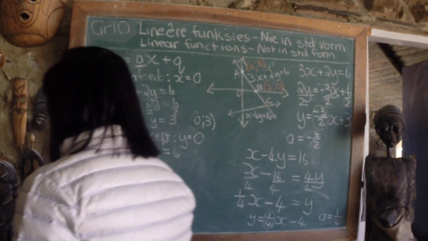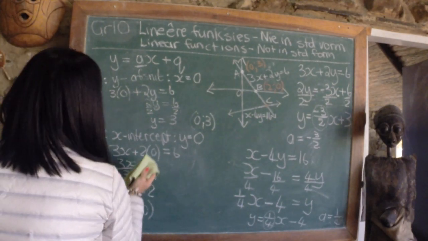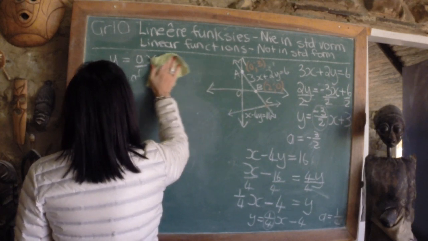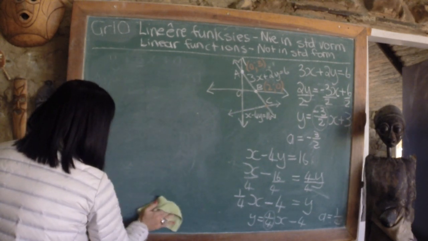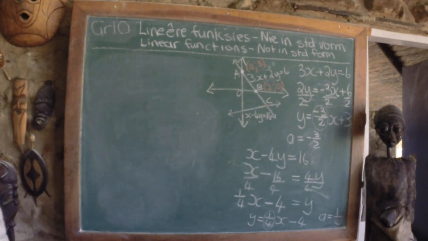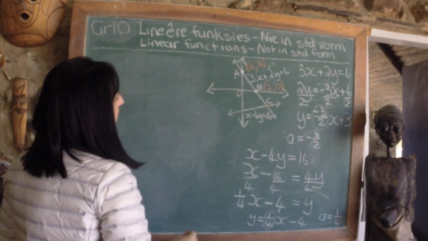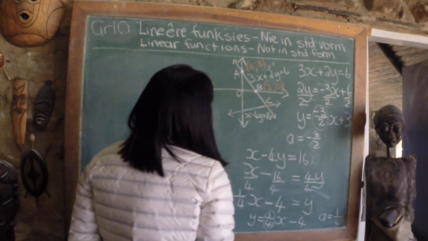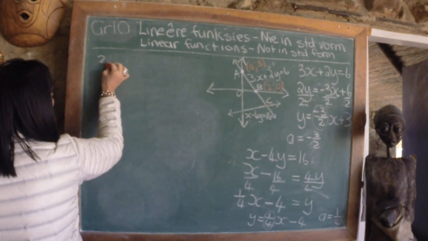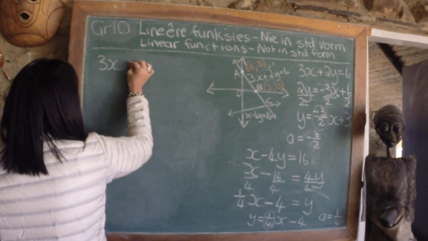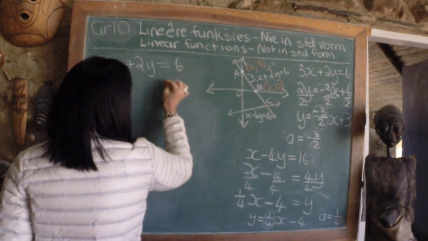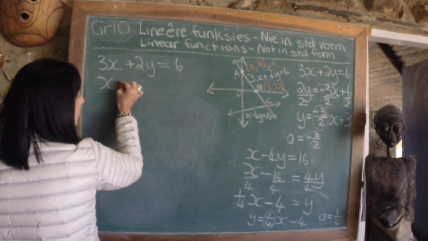Nou, graad 10's, as julle terugdink aan julle graad 9 loopbaan, en ook werk wat ons vroeër hierdie jaar al gedoen het, as twee lyne mekaar sny, beteken dit ek moet hulle gelykstel aan mekaar. If we need a point of intersection, we take the two equations. En ons het nou twee vergelykings.